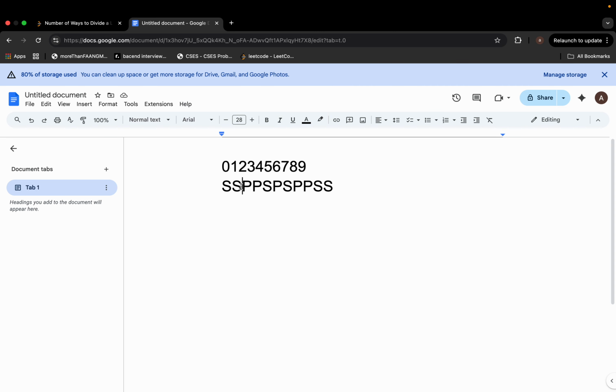So if we can accumulate each index of the upcoming seed, then we can have our pairs. So from the ending index of the first pair and the starting index of the next pair, we can make our answer, right? 4 minus 1 is 3. Also we are asked the number of ways. If you have learned permutation and combination, then you would understand that we have to do a multiplication.